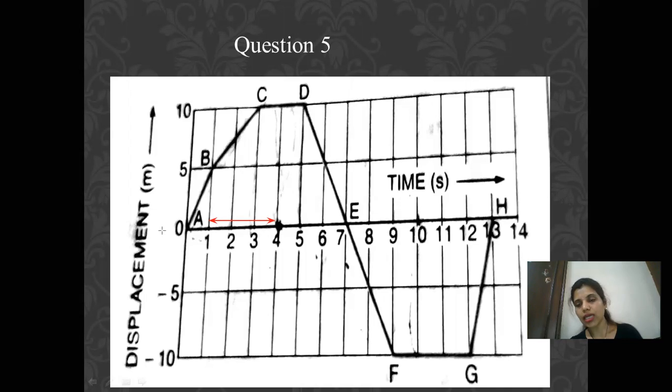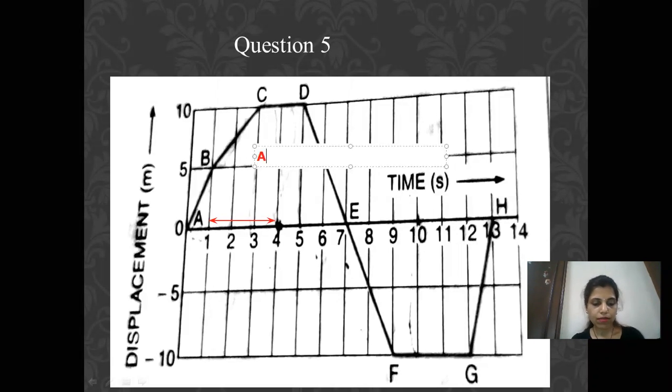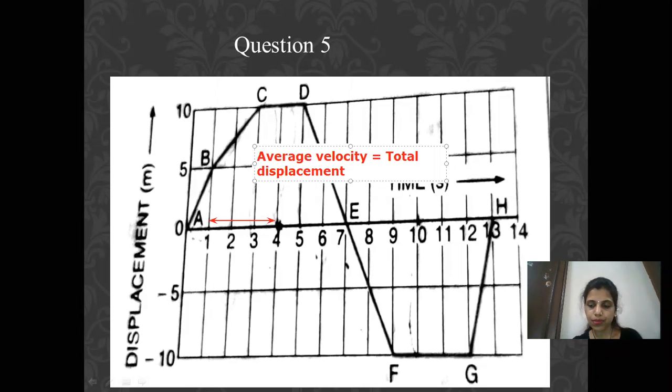So here you can see the body traveling in the first 4 seconds. When they are asking for the average velocity, as you know, the average velocity formula is total displacement upon total time. So average velocity is equal to total displacement upon total time.